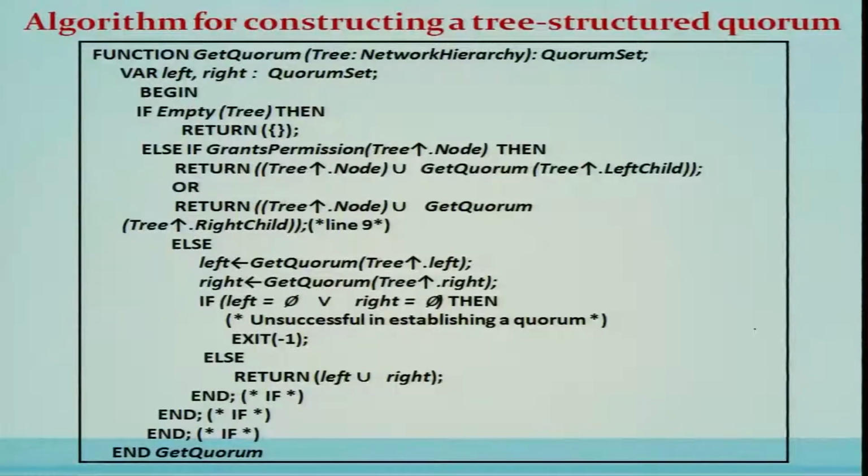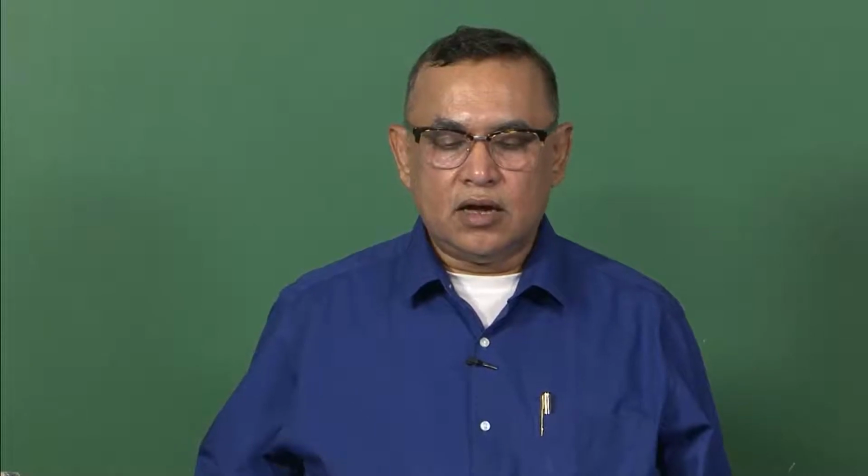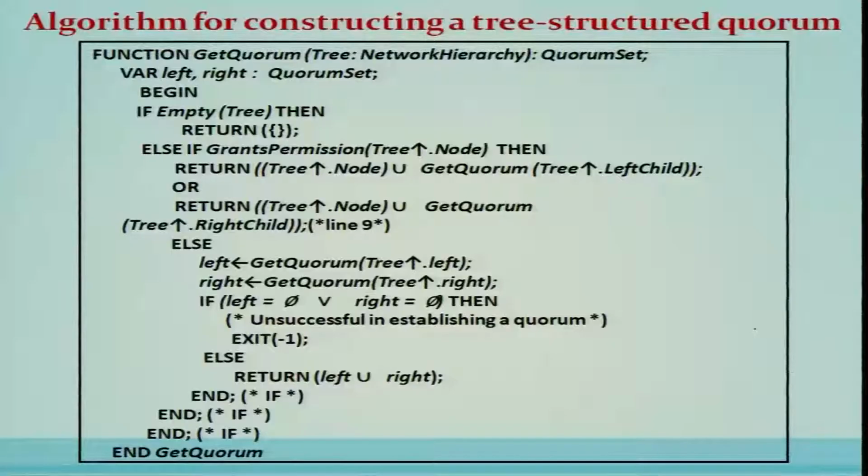Algorithm for constructing the tree structured quorum. We have seen the quorum is nothing but a path in a tree. How is this constructed in the Agarwal-El Abbadi algorithm? It is done through the algorithm given here, which uses two functions.